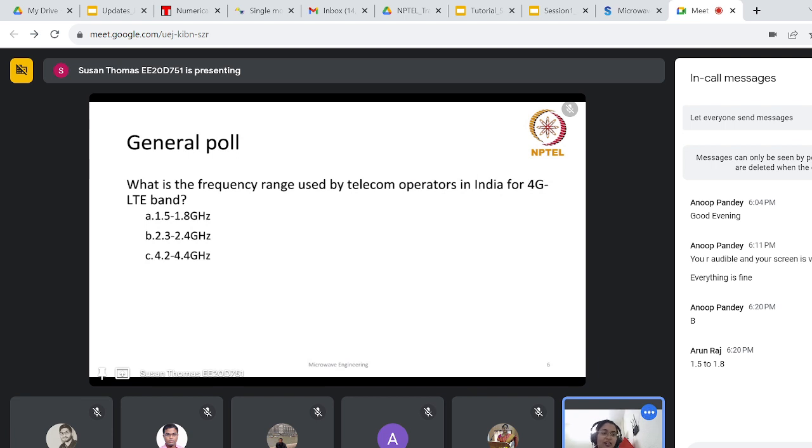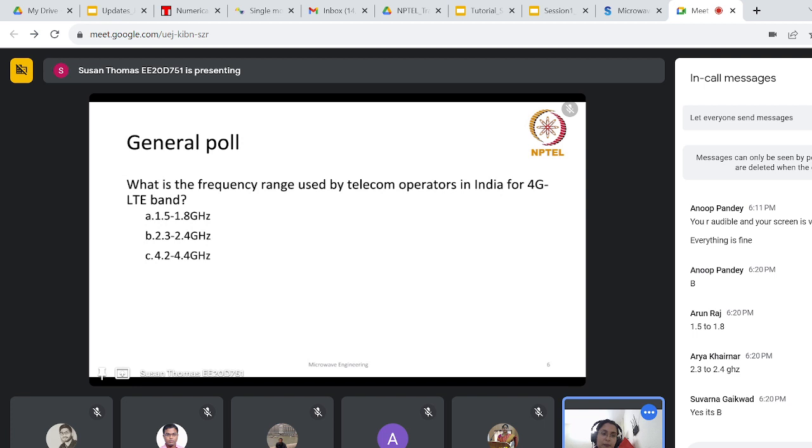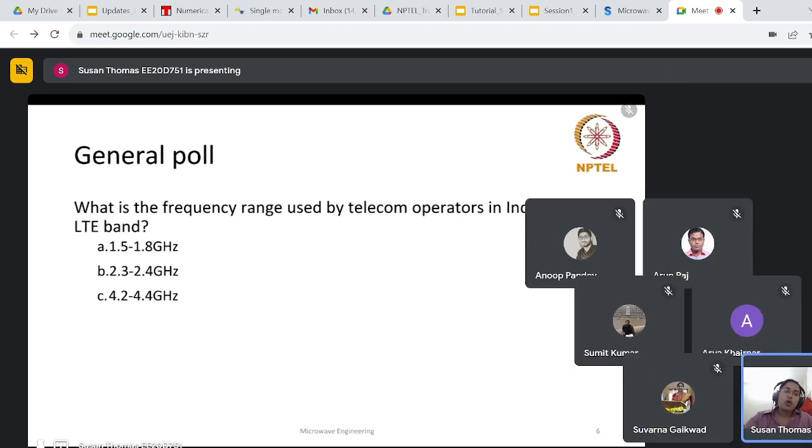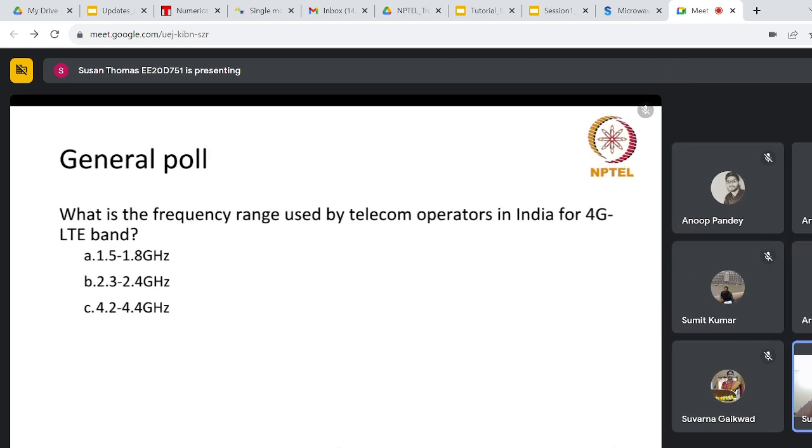I request everyone to answer either A, B, or C. Yes, as most of you said, it is option B. The frequency range used by most of the telecom operators in the 4G band is 2.3 to 2.4 gigahertz.